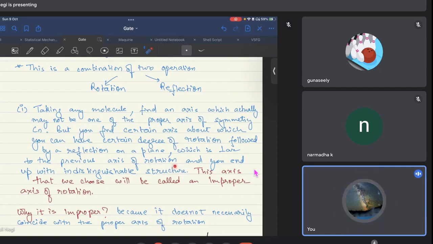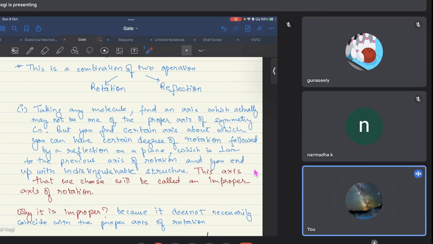The plane that you do the reflection on should be perpendicular to the axis that you did the rotation about. Now finally you end up with the indistinguishable structure. So this axis that we choose will be called the improper axis of rotation.